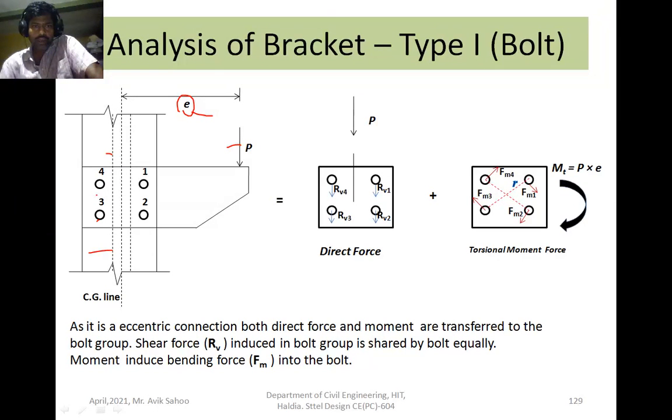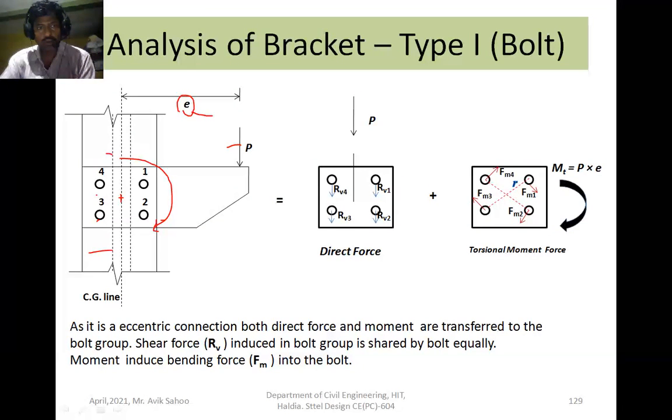Okay, this is a direct force, and it also creates a twisting moment, because you see that due to this load, about this CG point, the connection tries to twist about that longitudinal axis.